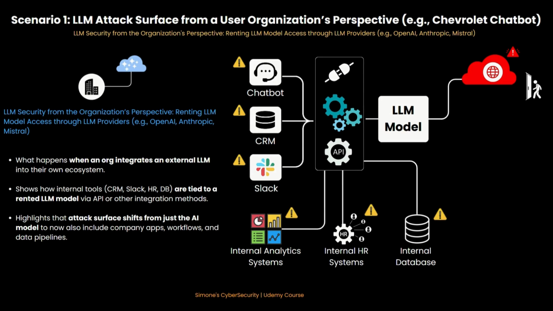Because your sensitive internal data is now being sent outside your organization's network boundary to a third-party model running in a completely different geographic and regulatory zone. This raises not just technical concerns, but also data governance and compliance challenges, like who owns the data, how is it processed, is it stored, logged, or used for model improvements by the provider. So even if everything is legally compliant, the security reality changes.